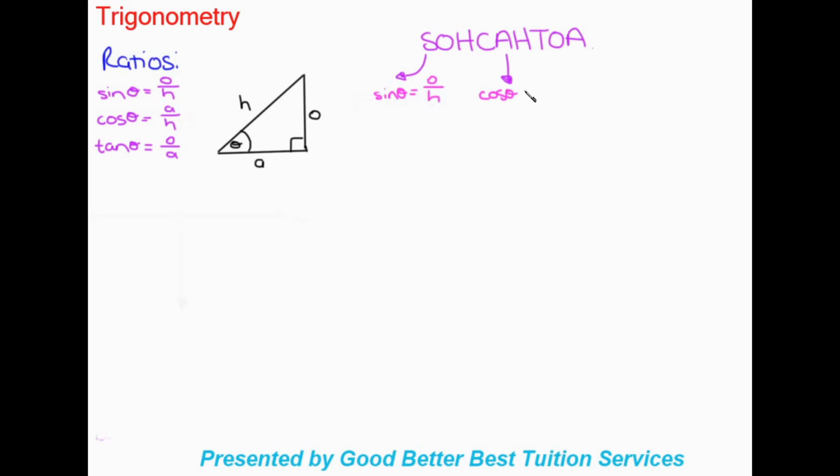And that is A and H, which is adjacent and hypotenuse. So that's adjacent over hypotenuse. And then lastly we have TOA. And we know that that T stands for tan theta, which is equal to O and A, that's opposite and adjacent, so that's opposite over adjacent. So that's just a neat way for us to remember what sine, cos, and tan are equal to.